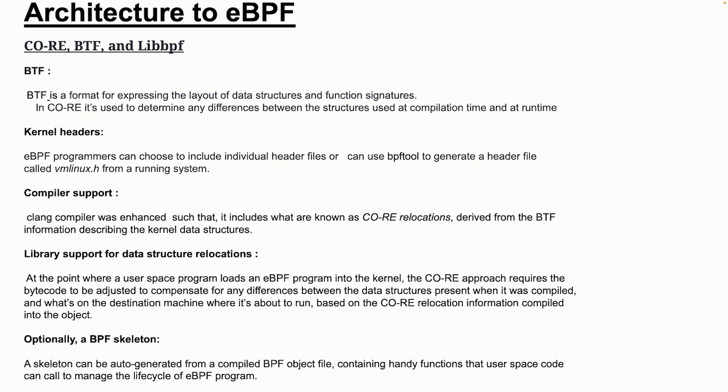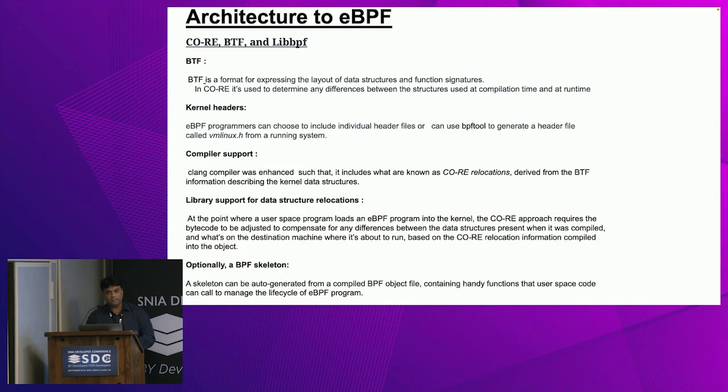Now the next module required for CO-RE is compiler support. All this type information has to be captured somewhere in the object file. So along with the BPF bytecode, the compiler also captures the CO-RE relocations, which contain the type information.